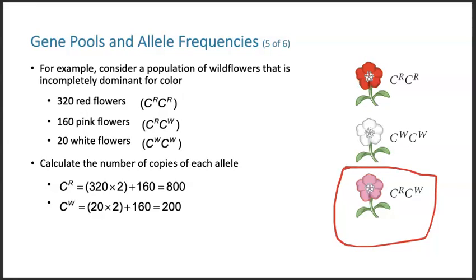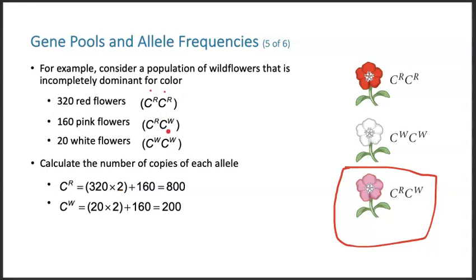All right, so the first thing that we have to do is to calculate the number of copies of each allele. And I stepped you through that on the last slide, or 2 slides ago, I guess, where we take the number of individuals who are homozygous for red, and we multiply that times 2 because each red individual has 2 red alleles. So 320 times 2.